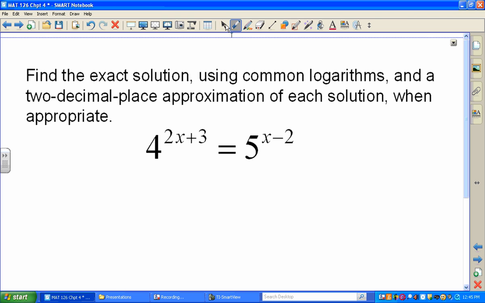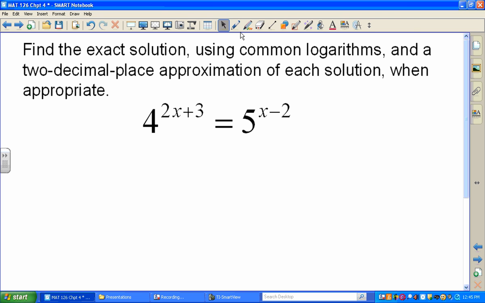This one, in this section, these are the most tedious and the most often asked questions on a final exam. This typifies almost the whole section. Can you solve this problem to the exact value? Using common logs means base 10. I usually take that part out and I use natural logs, but I'll use common logs today.